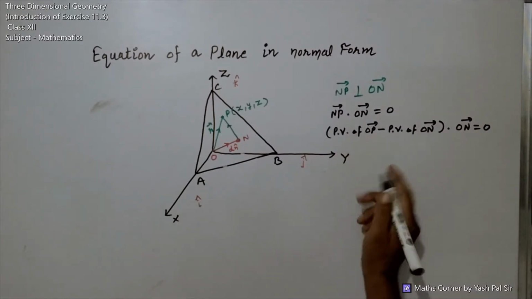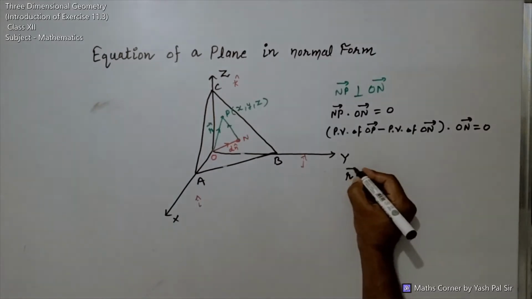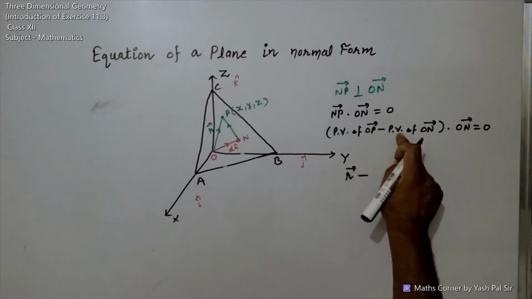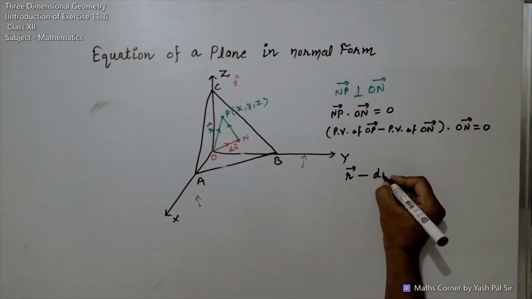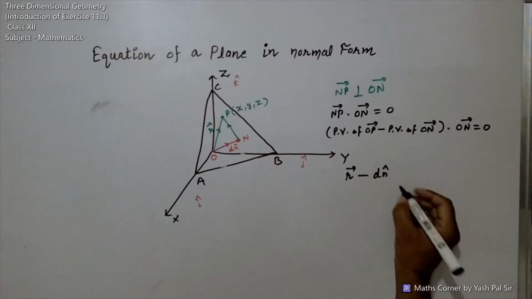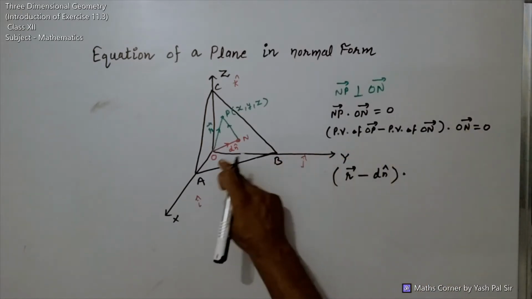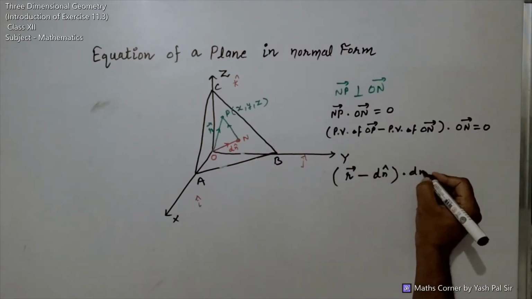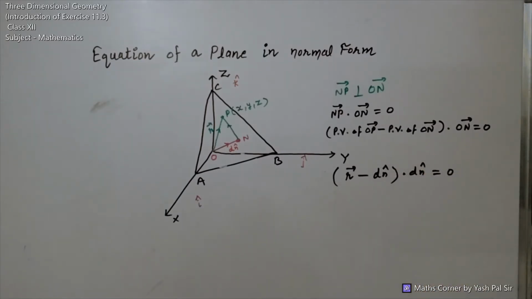What is the position vector of OP? This is vector r, minus what is the position vector of ON? This is d n cap. Dot product ON is d n cap. This is equal to 0.